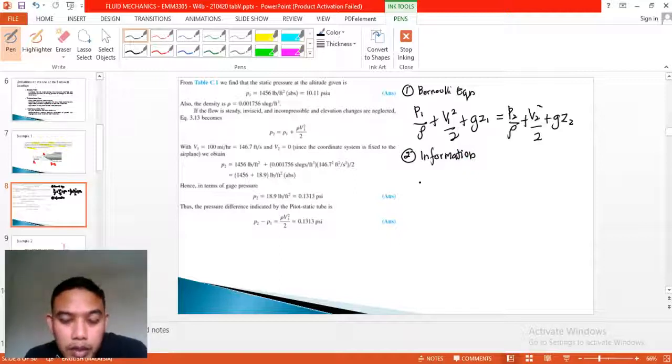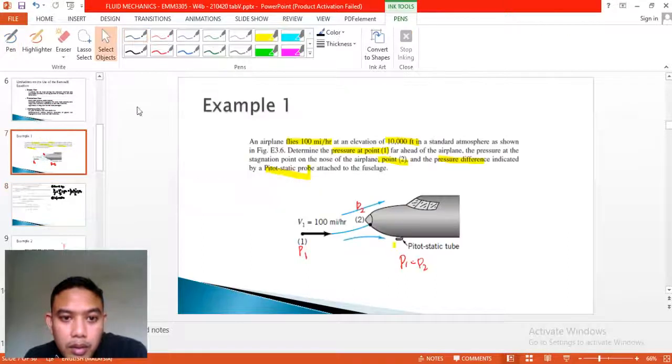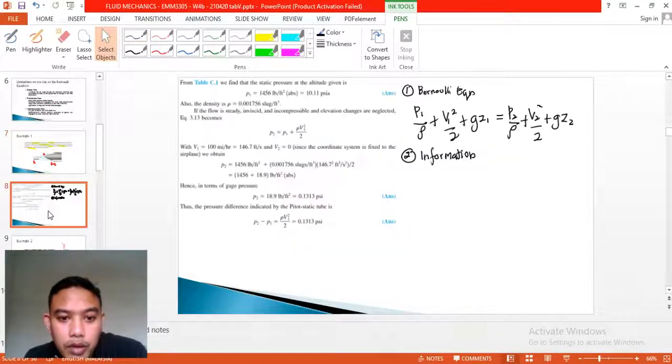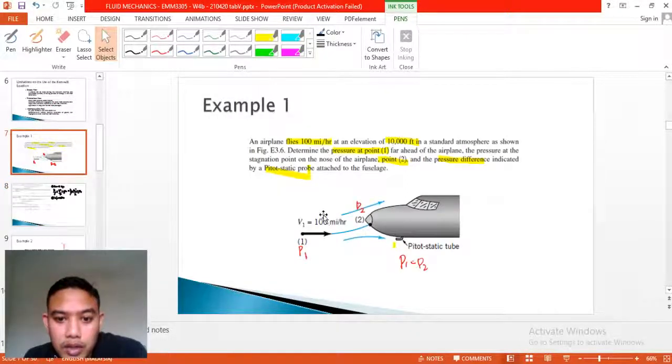Now we know that P1 is what we need to find, which is the pressure at point 1. V1 is also a velocity, which is 100 miles per hour.